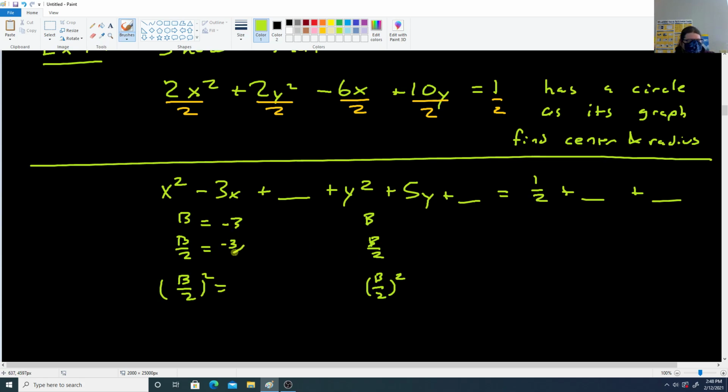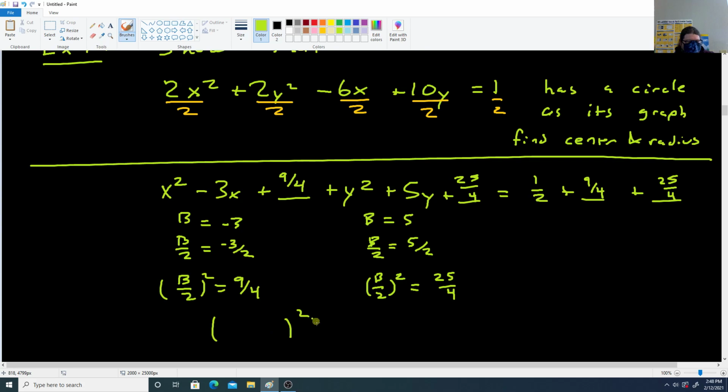Negative 3 divided by 2 is just negative 3 halves. When you square it, that's positive 9 fourths. So positive 9 fourths goes in for the x's. For the y's, b is 5. 5 divided by 2 is 5 halves. 5 halves squared is 25 fourths. So we get plus 25 fourths over here, and 25 fourths in here.